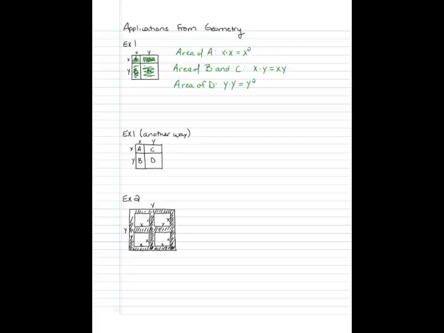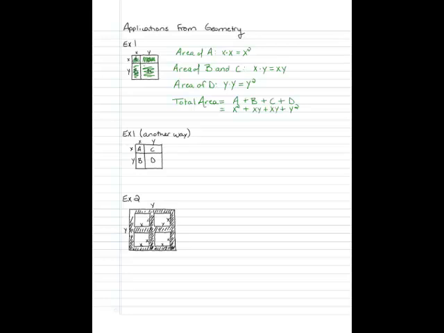So to find the total area, all we need to do is add up the areas of all those pieces. So the total area is going to be the area of A plus the area of B plus the area of C plus the area of D. The area of A was x squared plus the area of B was xy plus the area of C was xy plus, and the area of D was y squared.